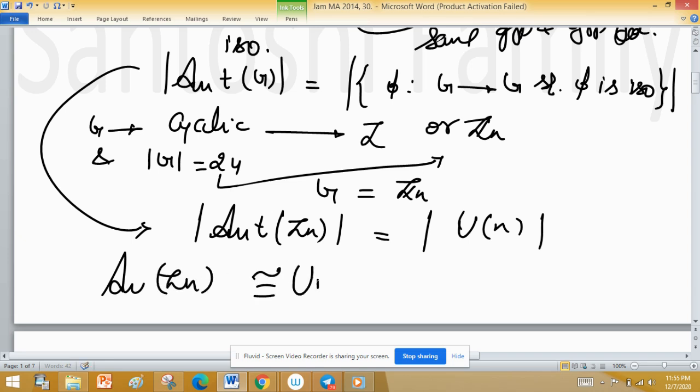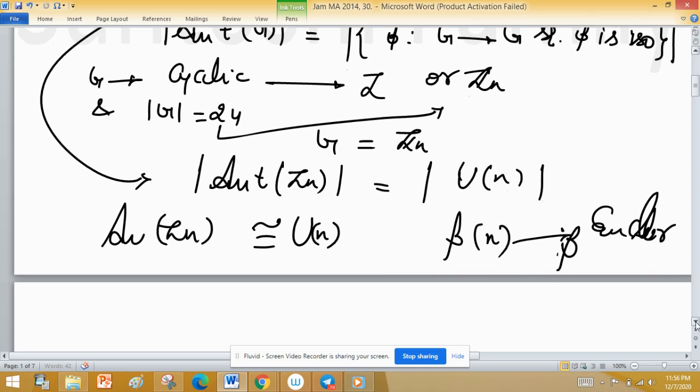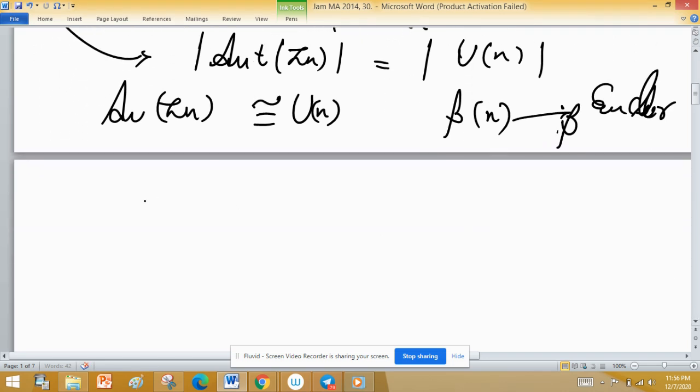We have to find the total number of elements in Un, and it can be easily found by phi(n), the Euler phi function, which we normally know. It means we have to find phi(24).